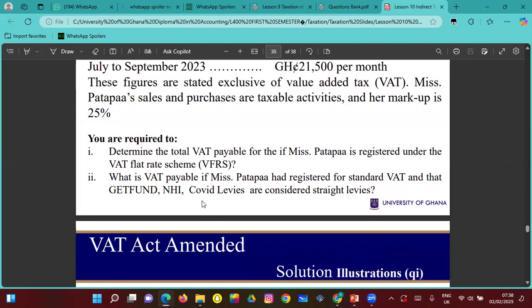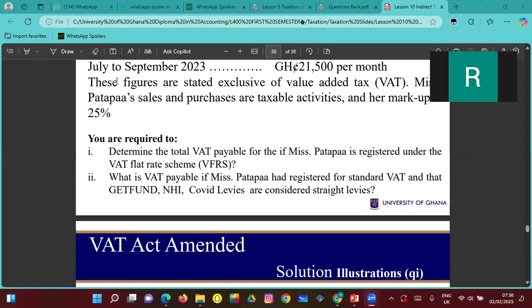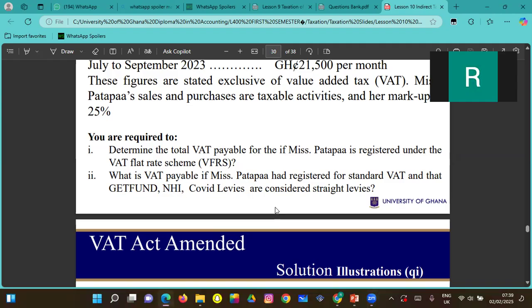And also, we should determine what the VAT payable is if Ms. Patapa had registered for standard VAT, and that GET Fund, NHIL and COVID levies are considered straight levies.